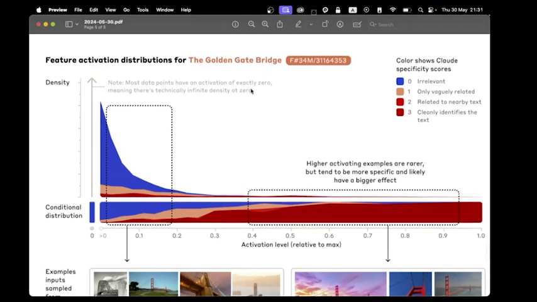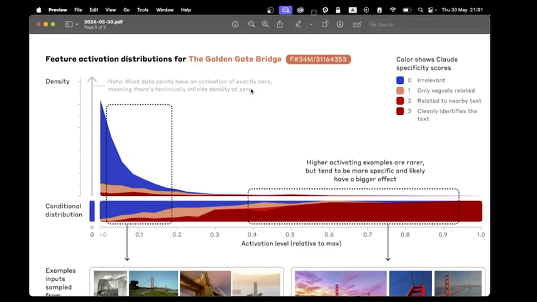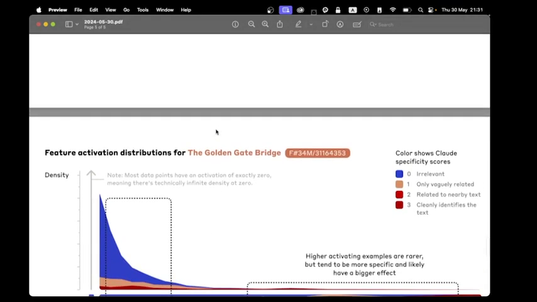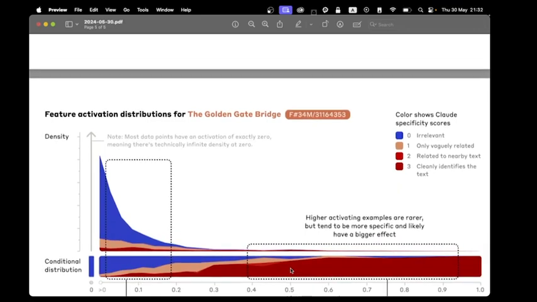And what we see is that approximately all data points are irrelevant, but there is a fat tail. So let's zoom into the fat tail.